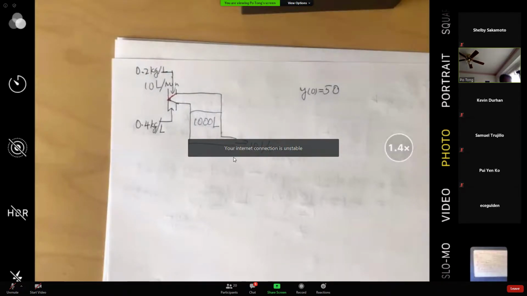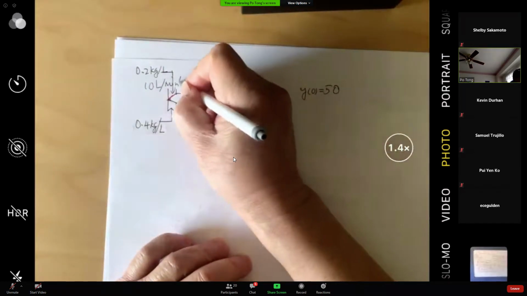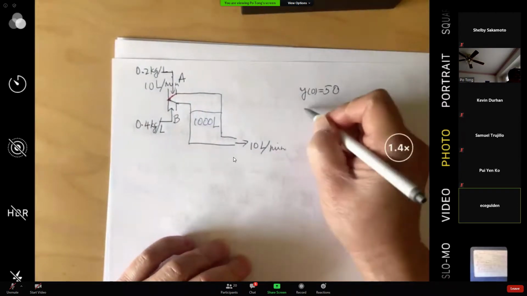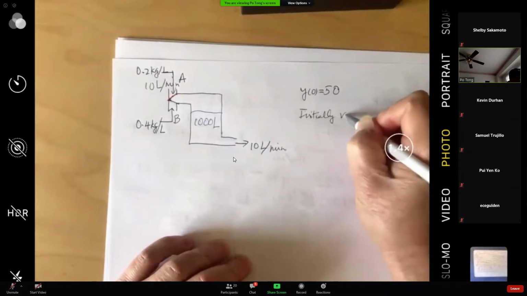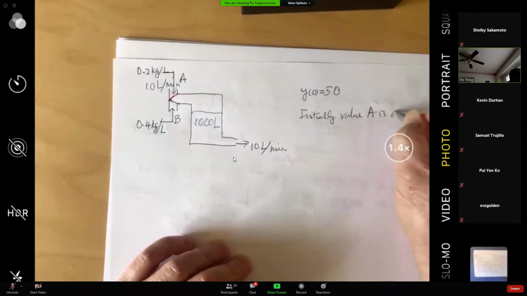Now, this is valve A. Valve B. Okay. So initially, valve A is open, B closed.